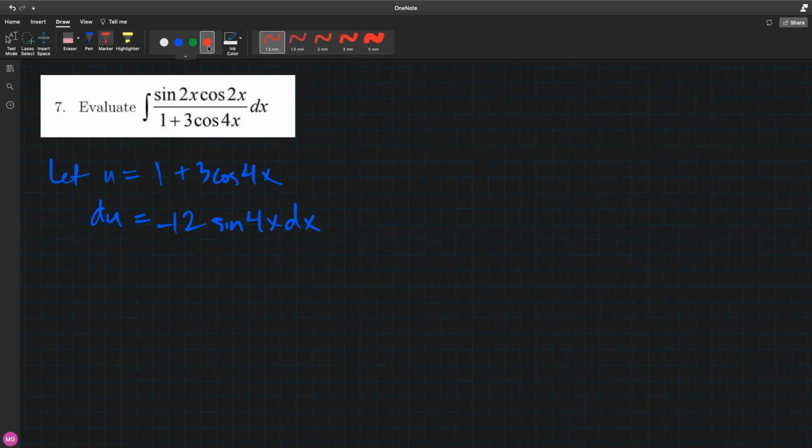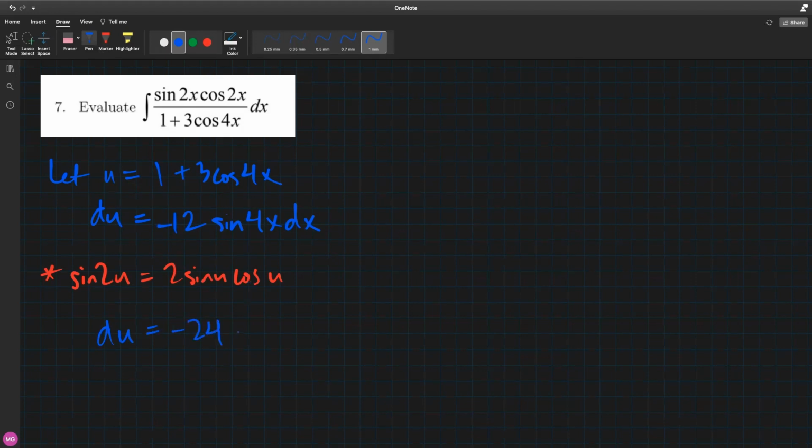Since we have here, notice we have here at our numerator sine 2x cosine 2x. One of our trig identities would be sine 2u equals 2 sine u cosine u. So we can rewrite our du as just equal to negative 24 sine 2x cosine 2x dx, since we have sine 2x and cosine 2x here at the top.